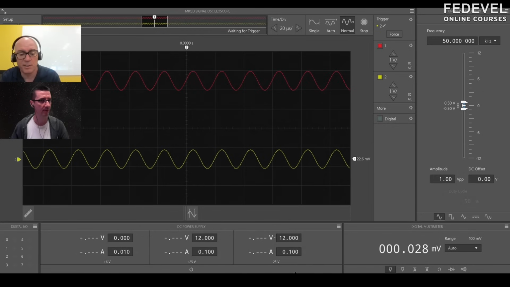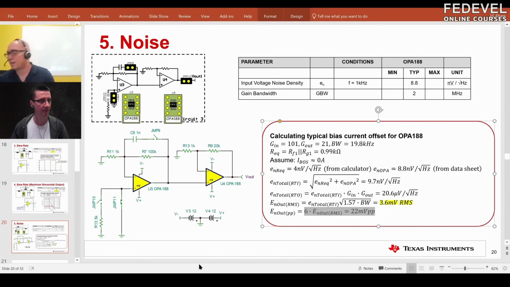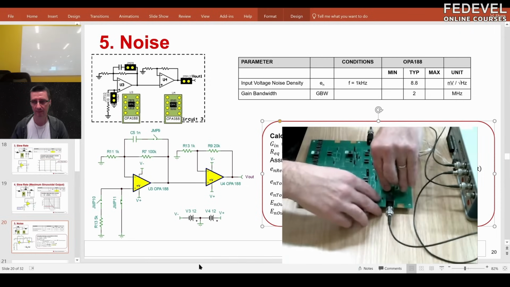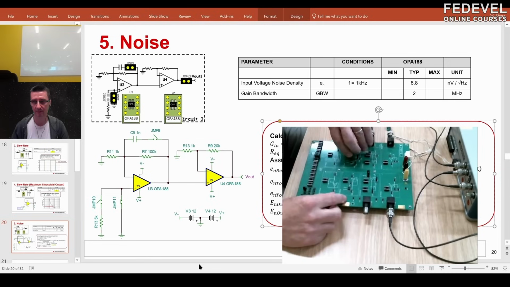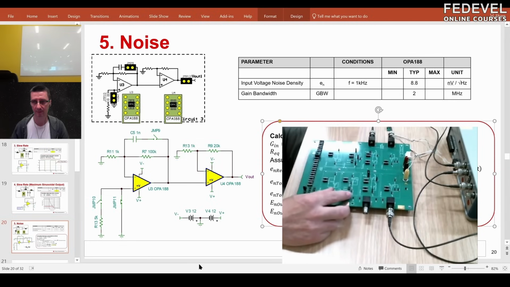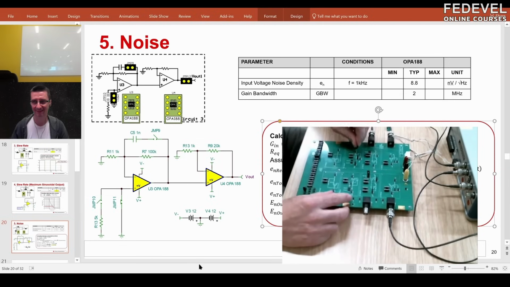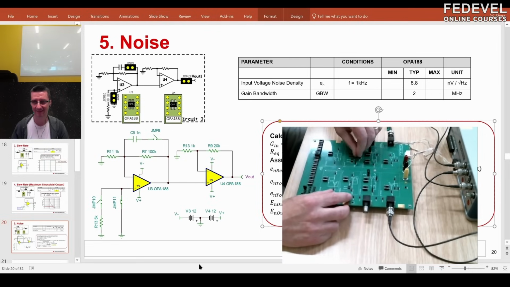We did already, good. All right, so we're really building the same circuit we did before.